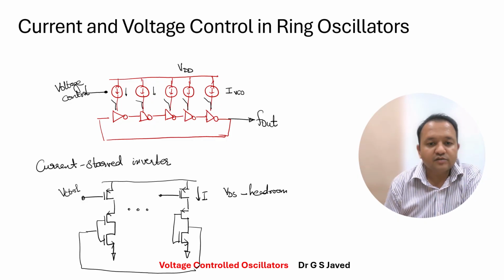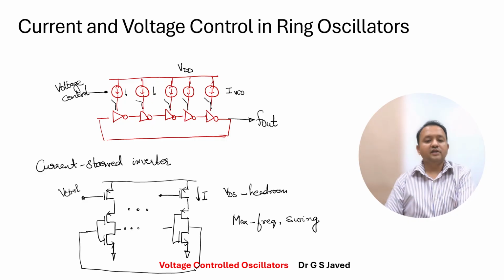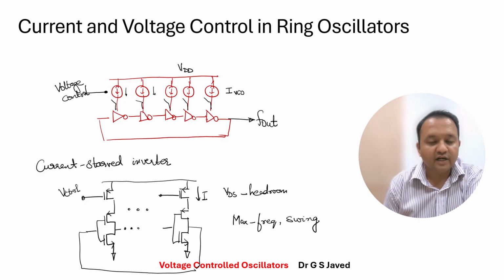This also limits your maximum frequency and the swing that you will get. Current starved inverters have this challenge that they will be swing limited. That means the maximum swing of their inverter structures will not be rail to rail. It will be limited by the maximum drain drop seen due to the current control system here.